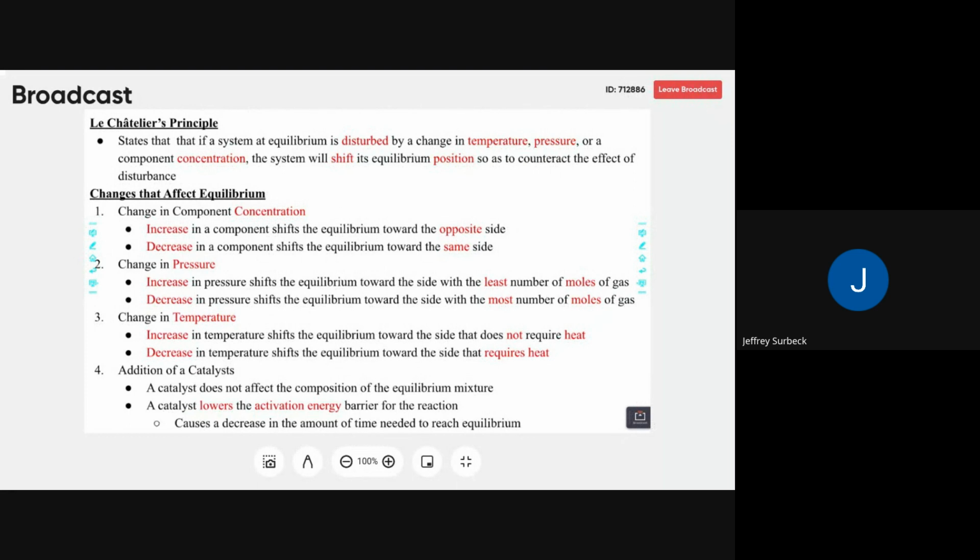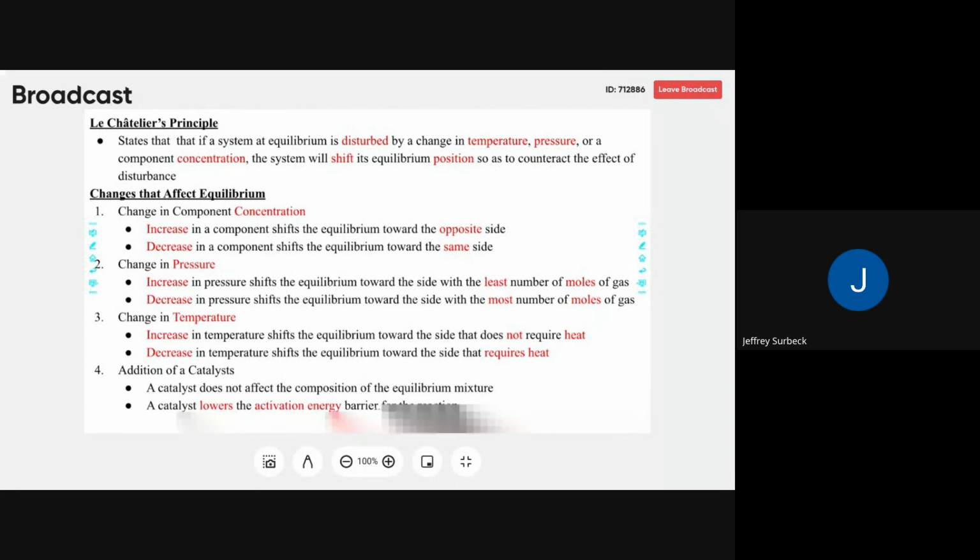In general, we say shift left, and what we're referring to is the original reactants. If we say shift right, it is the original products. So shift left, reactants; shift right, products.